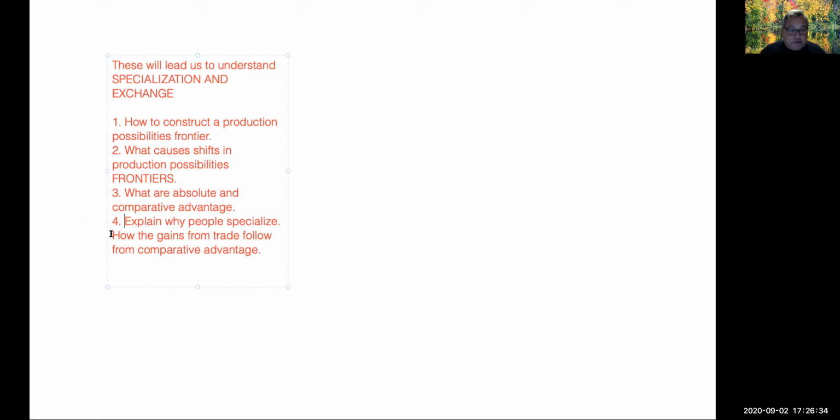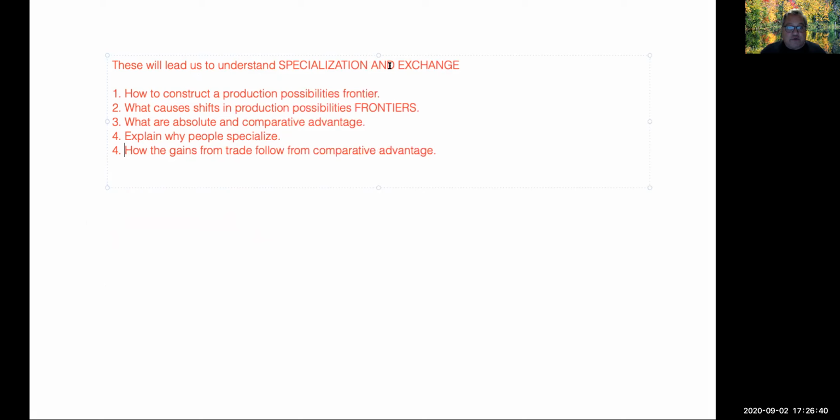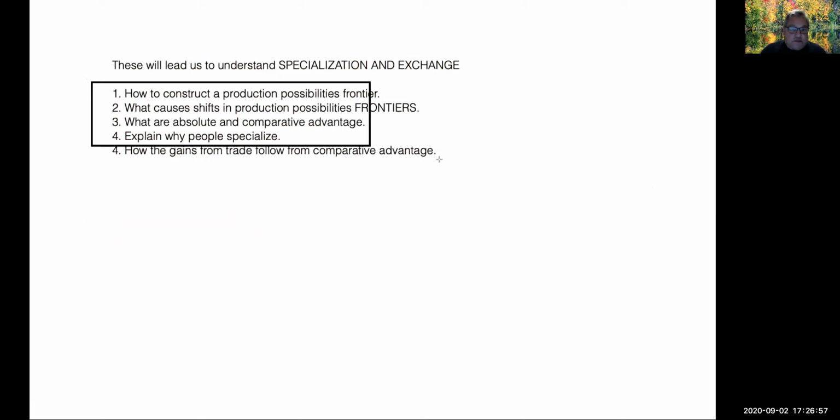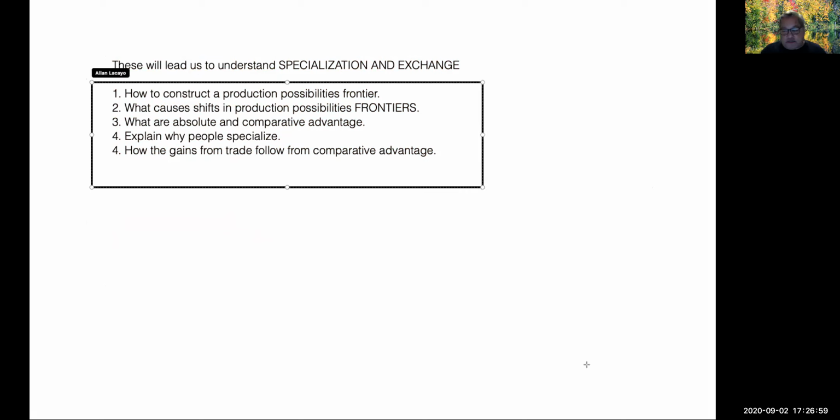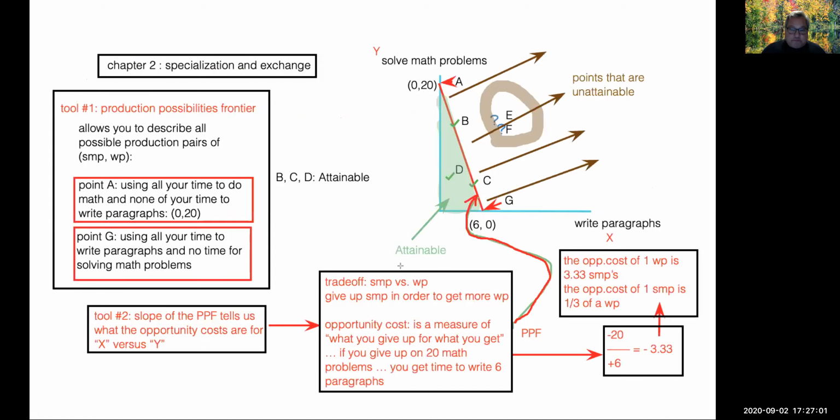We're going to try to explain why people specialize. And last but not least, we're going to understand how specialization arises from comparative advantages, or the comparative advantage in the production of goods. So these are our learning objectives for this chapter.